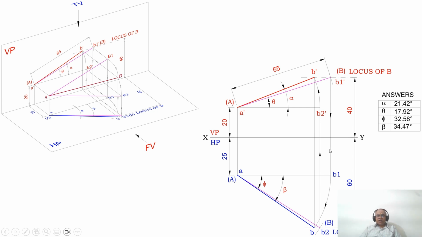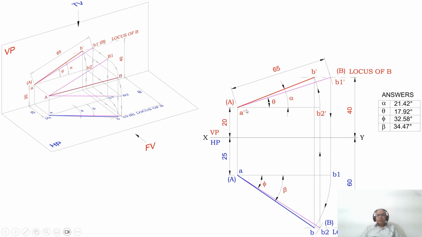So how do I know that my problem is right? You know that this is the front view because the top view line AB is inclined. Similarly, you know that this is the top view AB because the front view line A dash B dash is inclined. So in the apparent inclination views, both the front view and top view will always be inclined to both HP and VP.